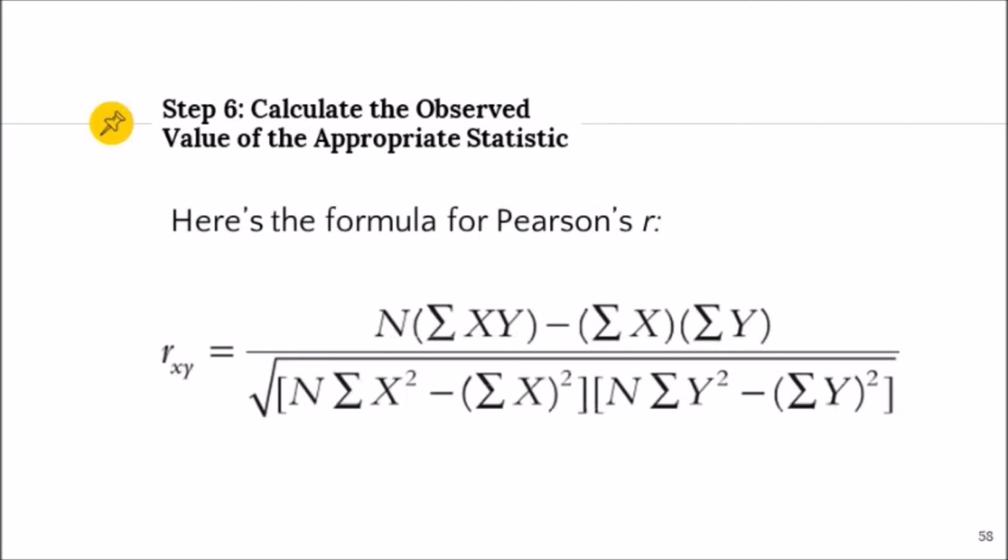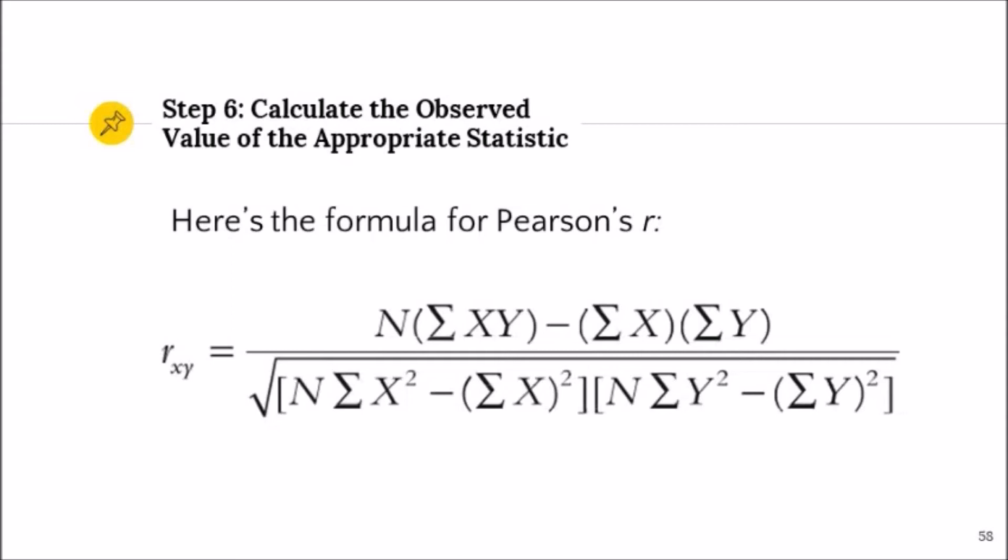The first bracket is the difference between the product of n multiplied by the summation of x squared to the square of the summation of x. We get the value of the second bracket by subtracting the product of the summation of y squared and n to the square of the summation of y.